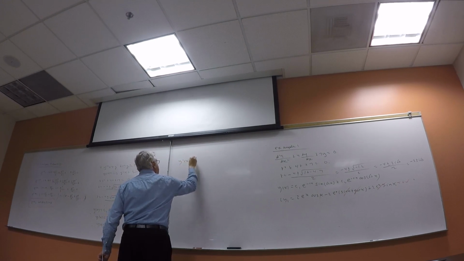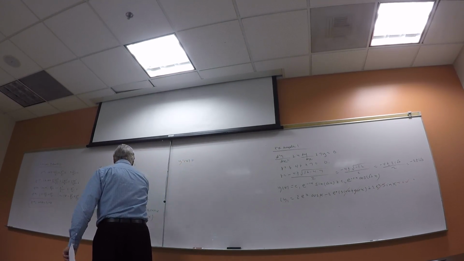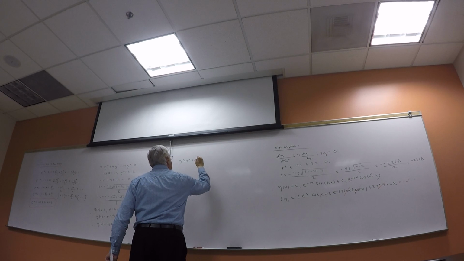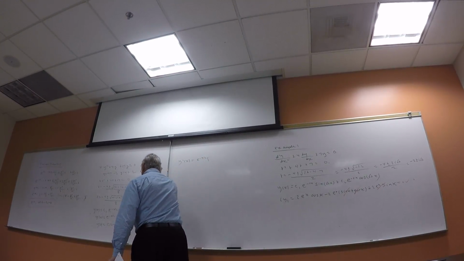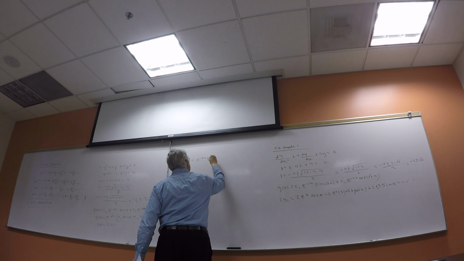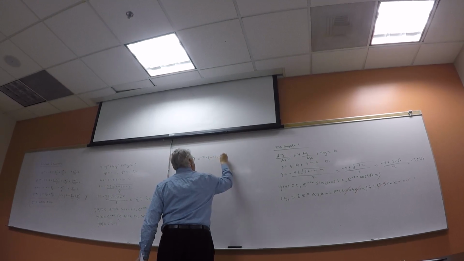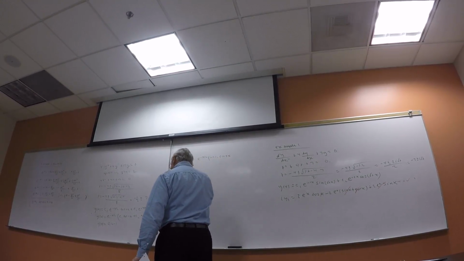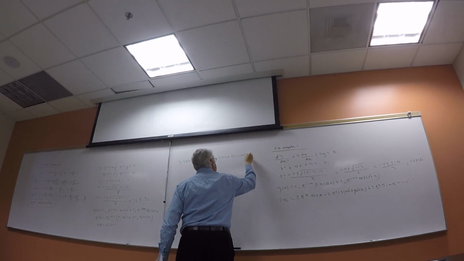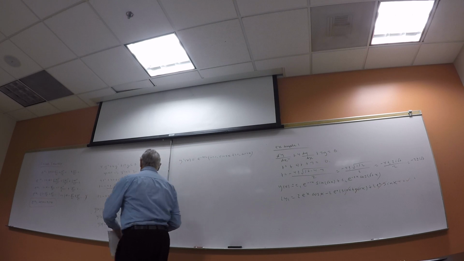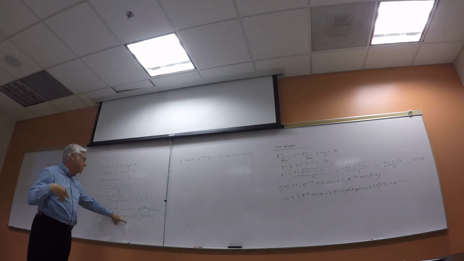What's y prime of x going to be? Okay, we have e to the minus x over 2. If I differentiate inside, I get a minus 2c1 sine 2x plus 2c2 cos 2x, using the product rule, right?